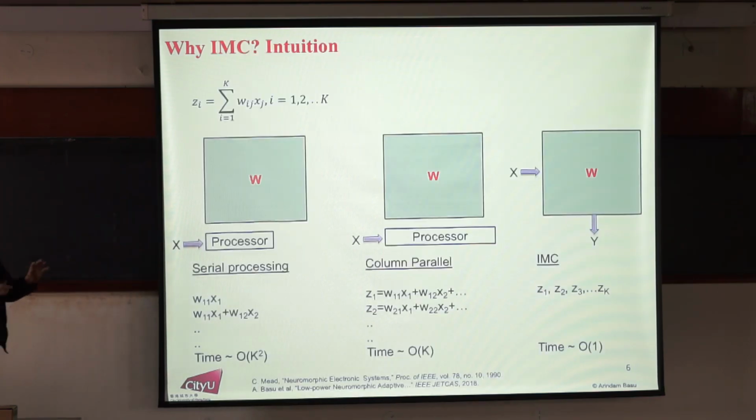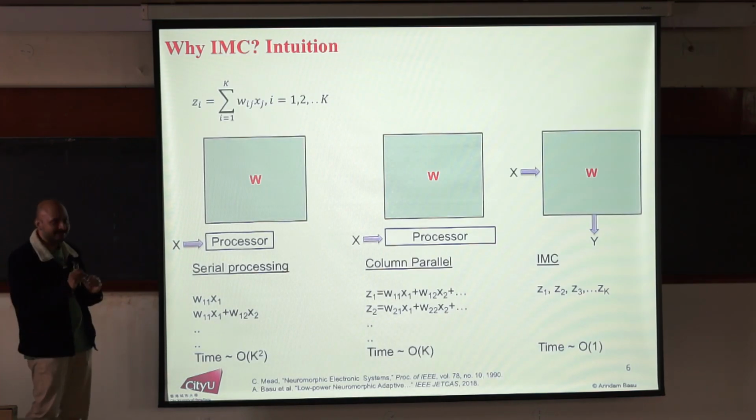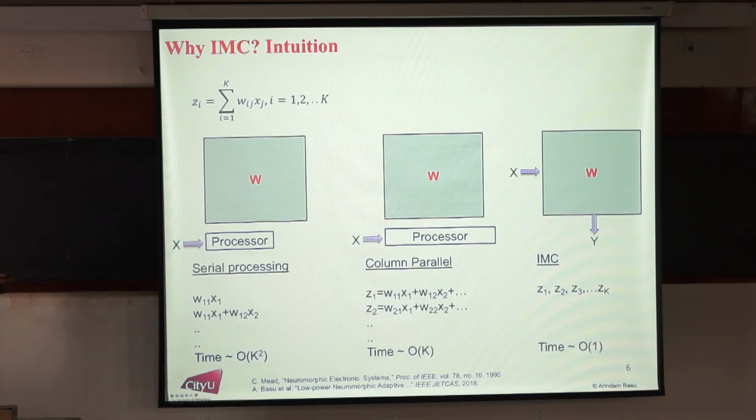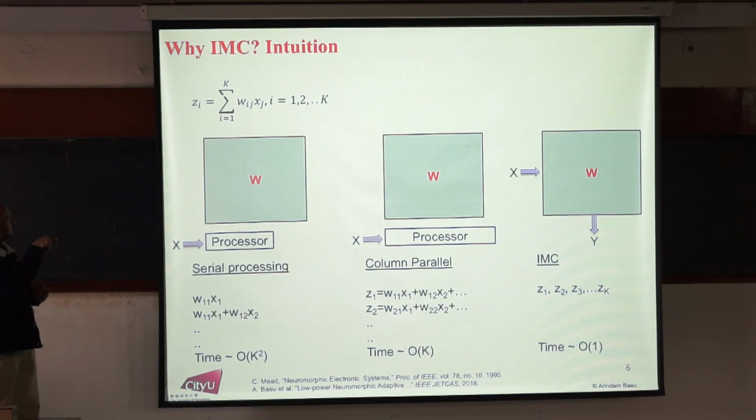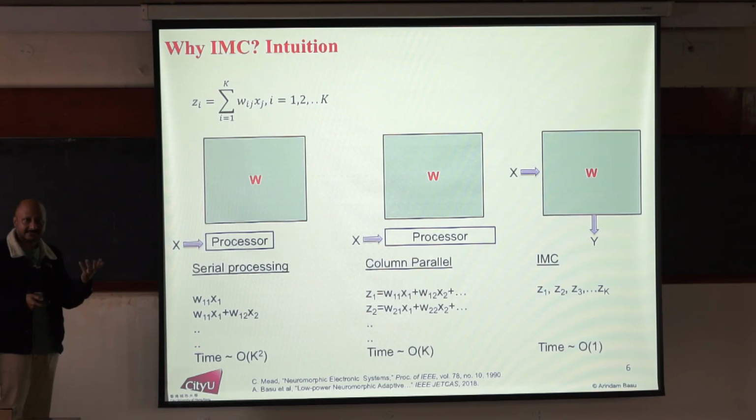So a little bit more detail, again, this is a tutorial, right? So I go into a little bit more detail. So look at the standard computing that you do for many neurons, right? You do something like this, it's like a dot product, right? Sum over Wij xj. And I'm summing over k inputs, and I'm creating k such outputs. Okay, so there are k squared number of weights in this network.